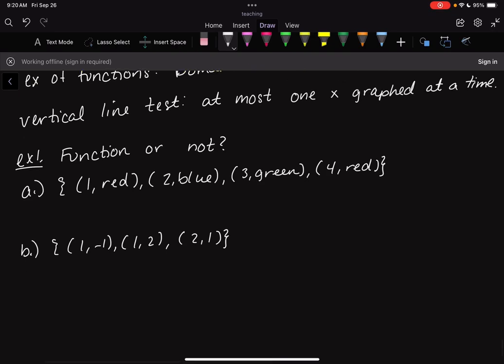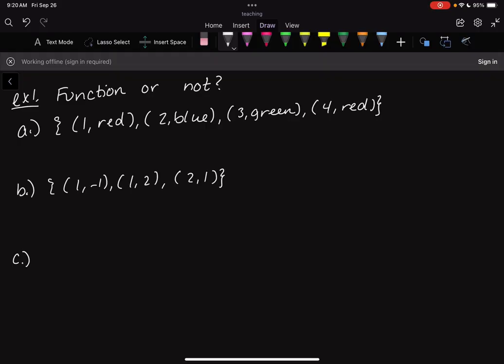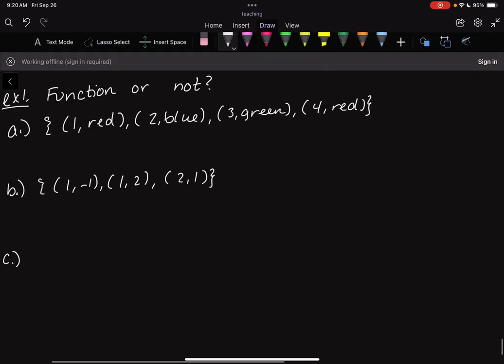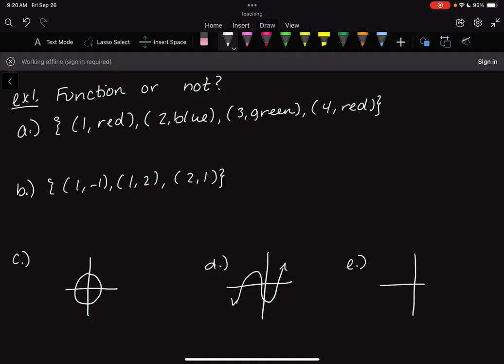And then I also made some that have graphs. So let's do these.